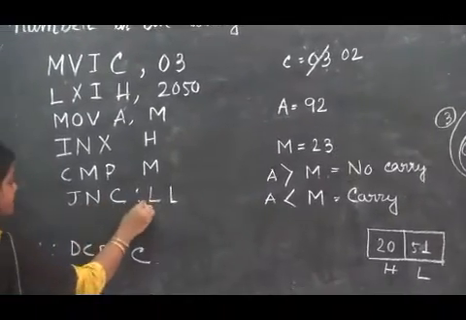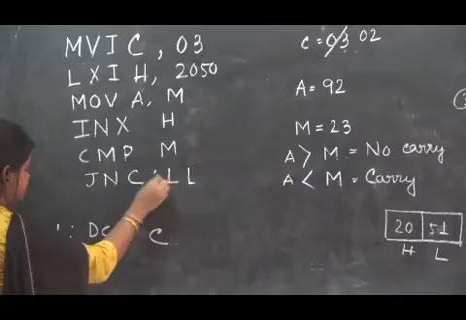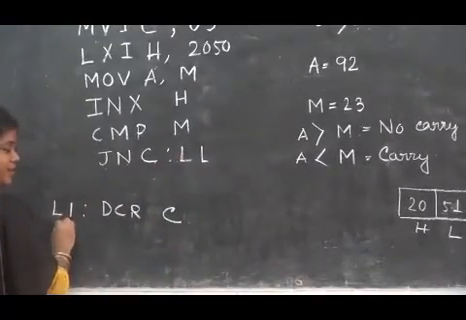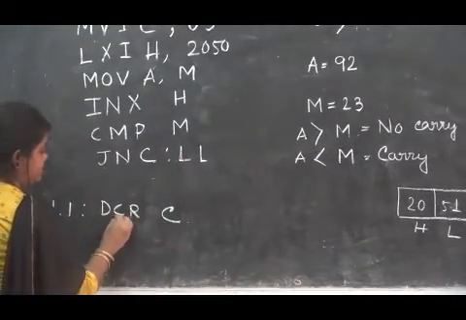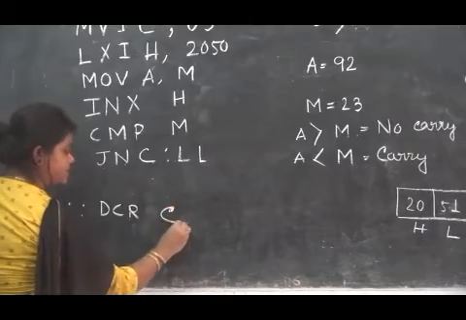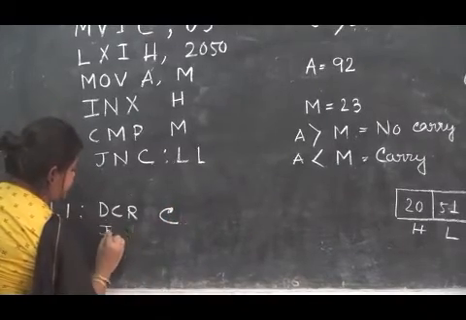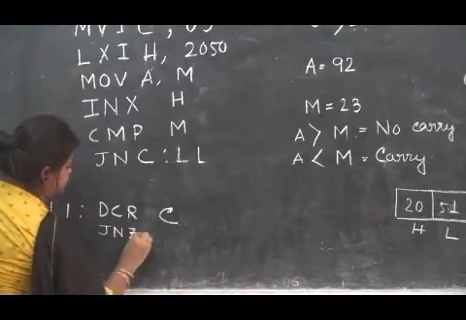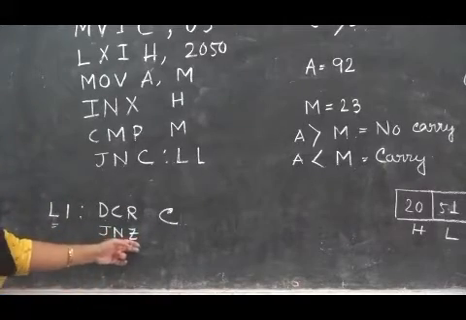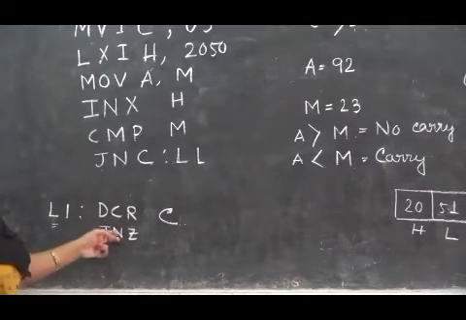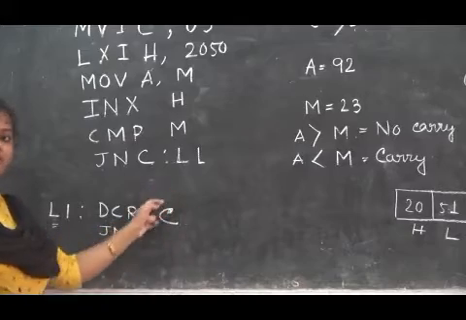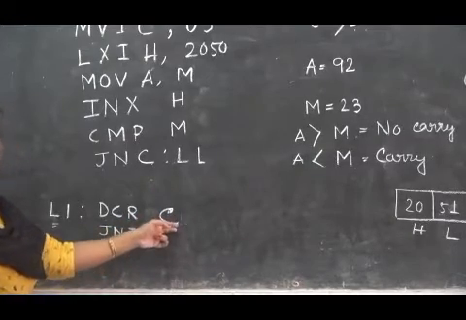If there is no carry, the microprocessor will jump from this location to this location and decrement the value of counter C. Then there will be checking JNZ, jump if not 0. This instruction always follows the value of C, whether the value of C is 0 or not.